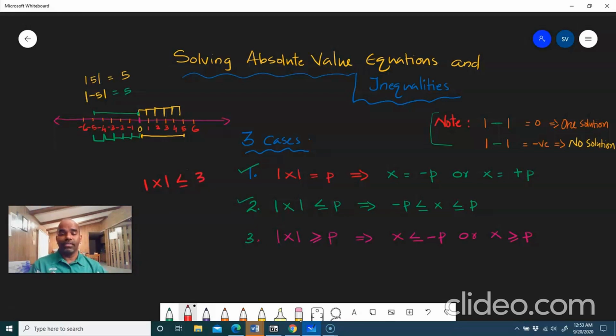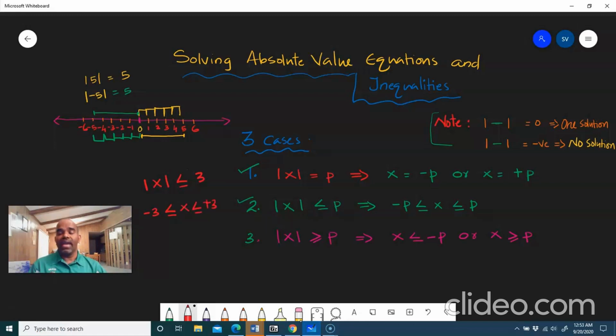You can eliminate this absolute value sign by rewriting this statement using this 3: negative 3 less than or equal to x less than or equal to positive 3.